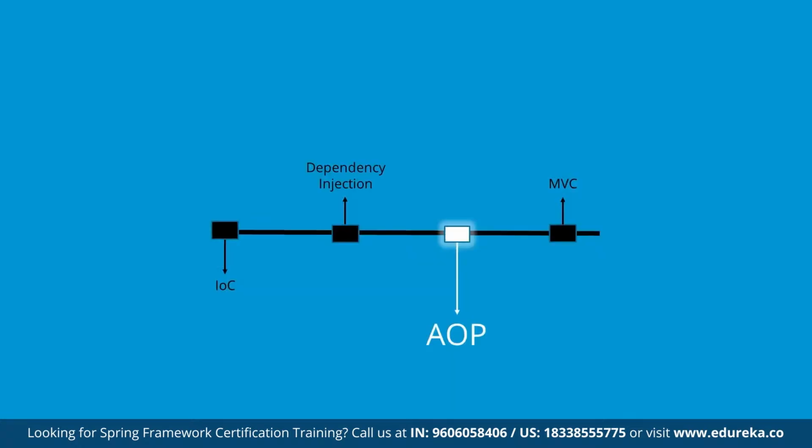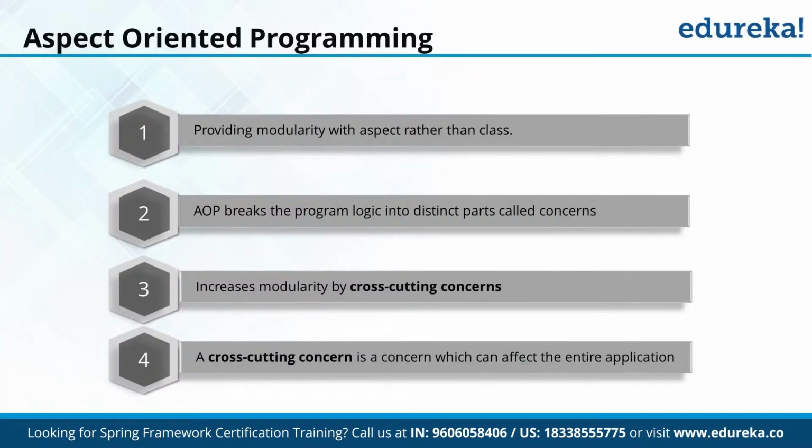Then next is AOP, that's aspect oriented programming. Aspect oriented programming is basically where we implement cross-cutting concerns, right? Let me take one example of a cross-cutting concern. Consider that we logged on to Amazon and we want to look at a product. So I search for an iPhone.